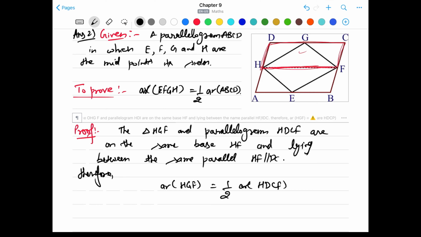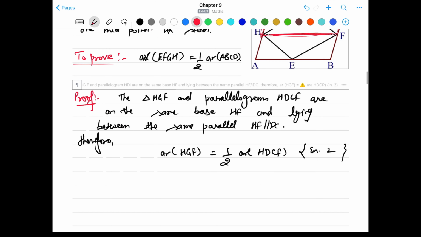The reason for this is the statement of example number 2: if a parallelogram and a triangle are on the same base and between the same parallels, then the area of the triangle is equal to half the area of the parallelogram. So let's name it equation number 1.